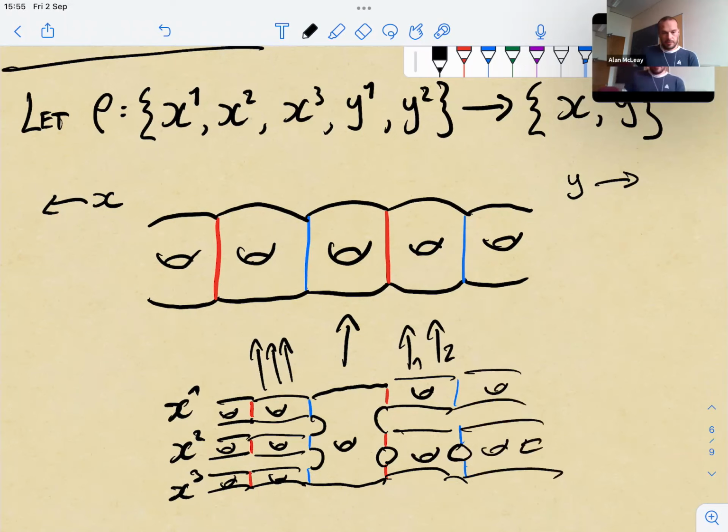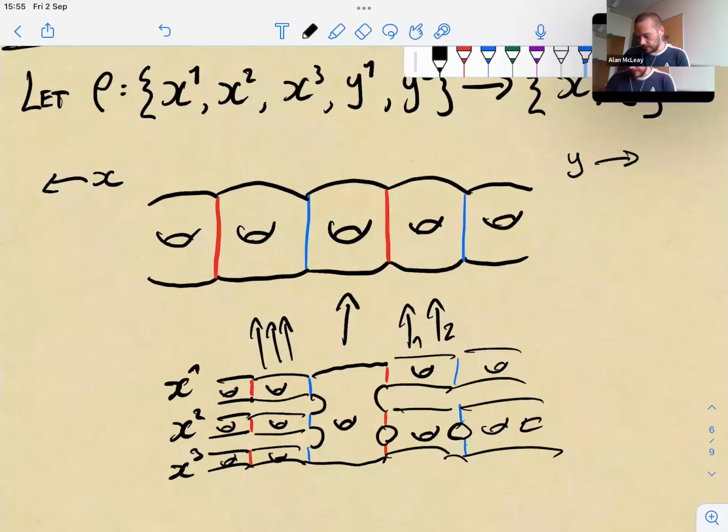So the really important thing here is the genus everywhere is helping us a lot, because it allows the lift of a separating curve downstairs, like this one, to include non-separating curves, like these ones.